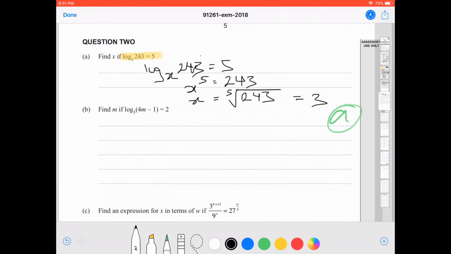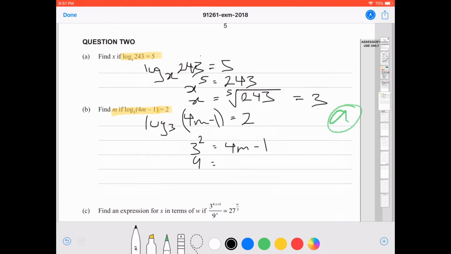Question 2b, find m if log 3 times 4m minus 1 equals 2. Log 3 of 4m minus 1 inside brackets equals 2. So here, same principles, 3 to the power of 2 equals 4m minus 1. We can say 9 equals 4m minus 1.